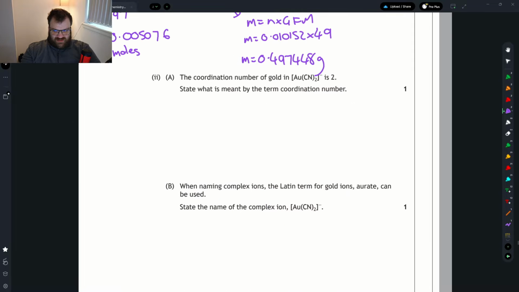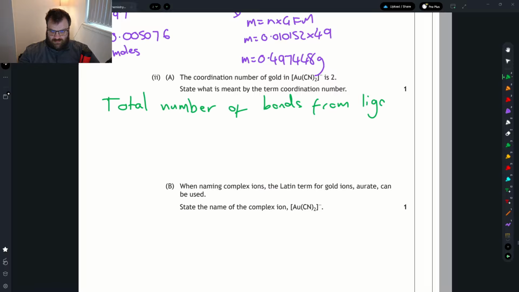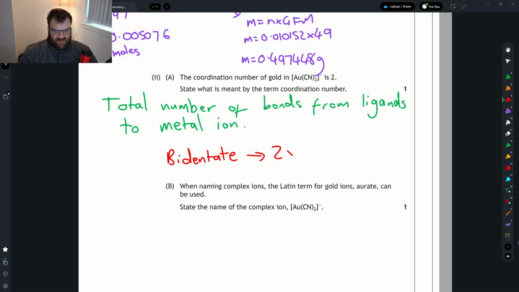Next one's asking about the coordination number. That's the total number of bonds from the ligands to the metal. And where that's important is if you had, let's say, a bidentate ligand making 2 bonds.